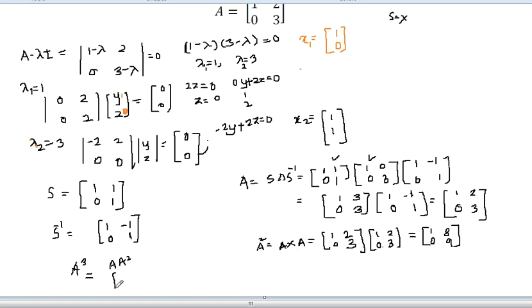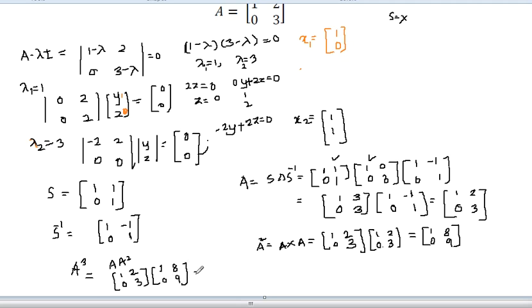So let's write A, that is 1, 2, 0, 3 multiplied with this A square, which is 1, 8, 0, 9.